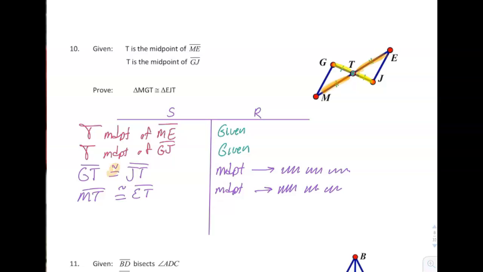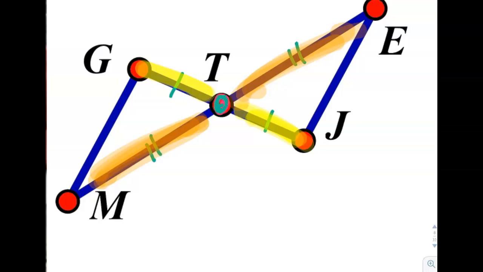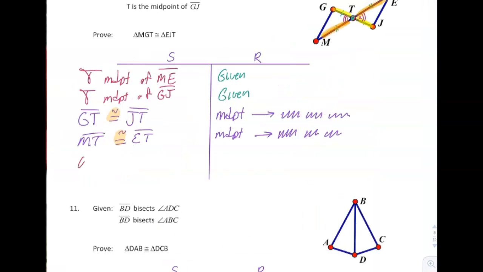I still only have two congruences, but just like the problems that we did a minute ago, I have another pair of vertical angles. So I can add 1 and 2 to the mix. Angle 1 is congruent to angle 2. Vertical angles lead to congruence. And now I have strike 3.